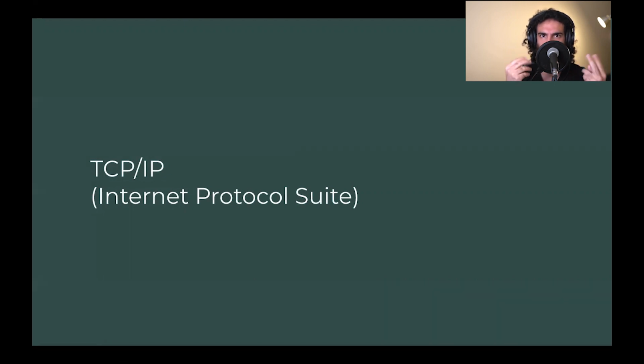This is two things: a standard for how a computer should communicate on the internet, and an implementation, that is to say, the software that makes the standard possible. We don't need to know these technical details, but I'm just establishing these definitions because it will help us.